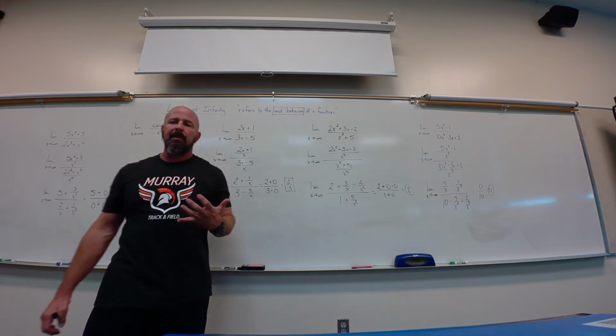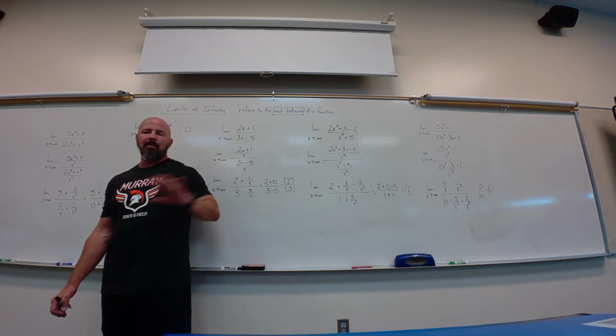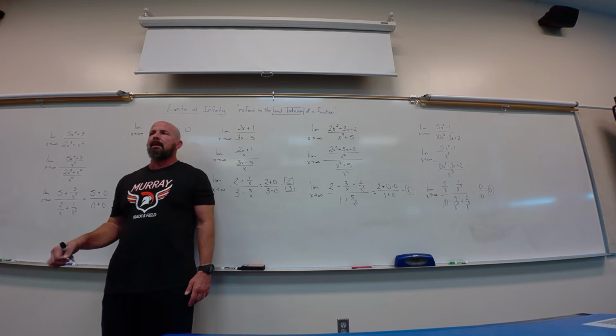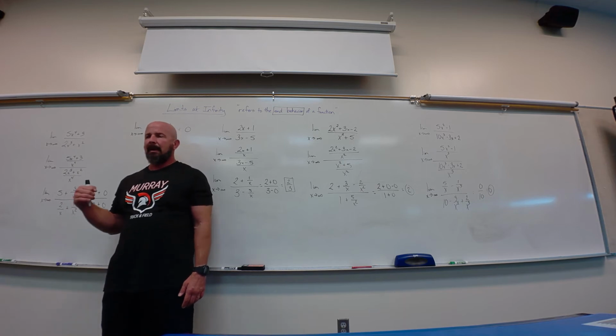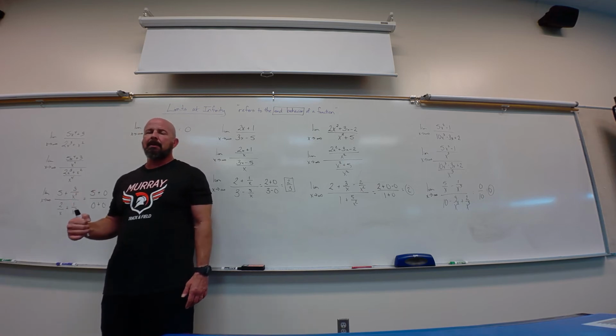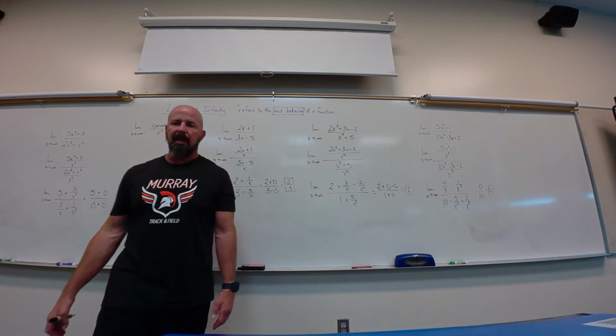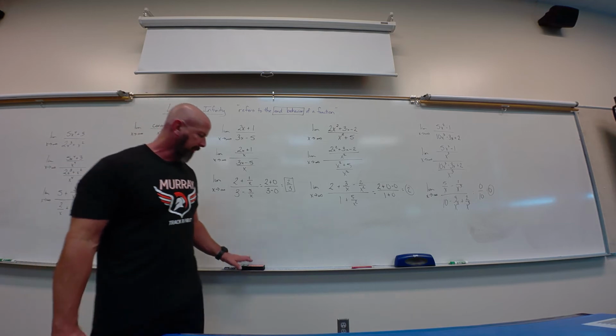That's the only ways that your graph can end up going out to infinity or negative infinity. Graph's either going up, down, horizontal asymptote, or it oscillates. And again, the easiest oscillating function to think of would be a sine or a cosine.